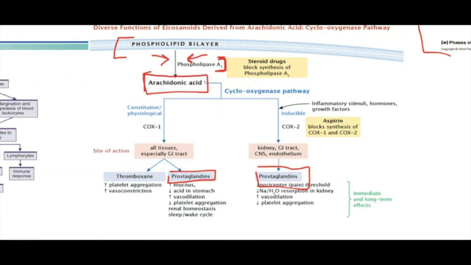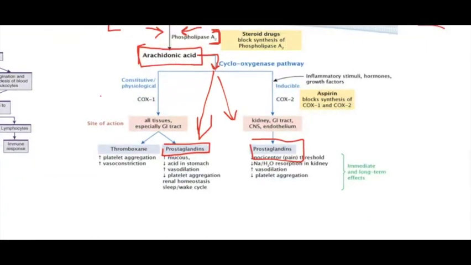Through this cyclo-oxygenase pathway, and again, this is a very complicated molecular chemical thing that we don't have to know about, it results in prostaglandin. It splits into two different pathways. You have one pathway over here that uses the COX-1 enzyme to break up this arachidonic acid into prostaglandin and thromboxane.